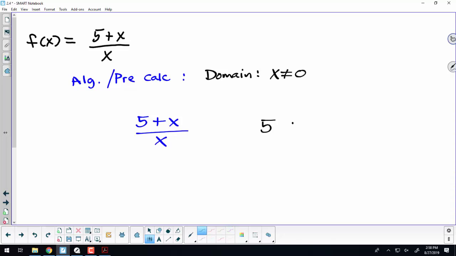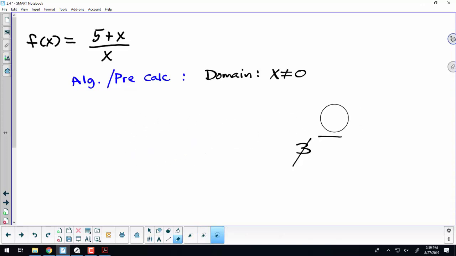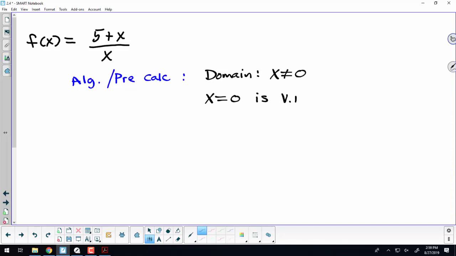So what's 5 plus 3 divided by 3? If I do this, then 5 plus 3 over 3 should be 5, right? No. 5 plus 3 over 3 is 8 over 3, not 5. So if I can't do that there, then I can't do that there. Maybe just simplify it numerically. Okay, so the domain is not including 0, and we know that x equals 0 is a vertical asymptote.